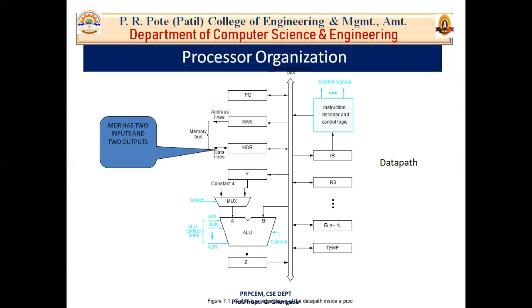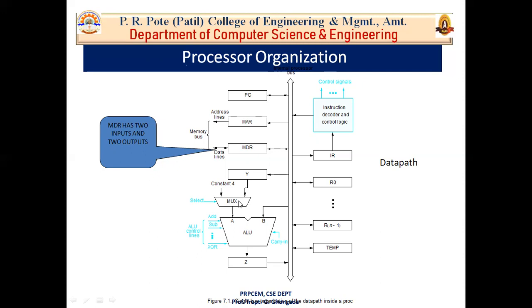Now, we have one multiplexer which has two inputs. The multiplexer has a choice. Either it can take input from the constant port by using the select control signal, that means select constant, or it can take input from the temporary register Y, again by using the select control signal, that means select Y. So when select is set to Y, the multiplexer will take input from Y, and when select is set to 4, the multiplexer will take input from the constant 4.